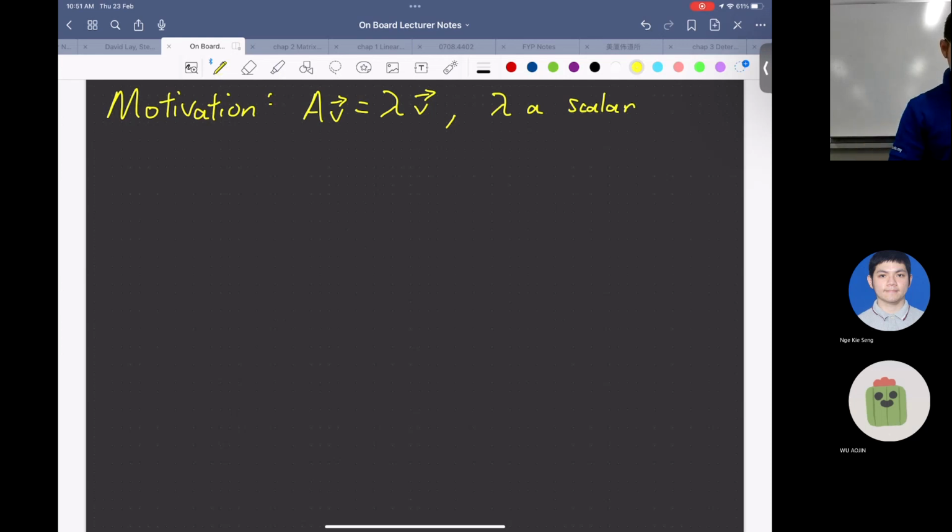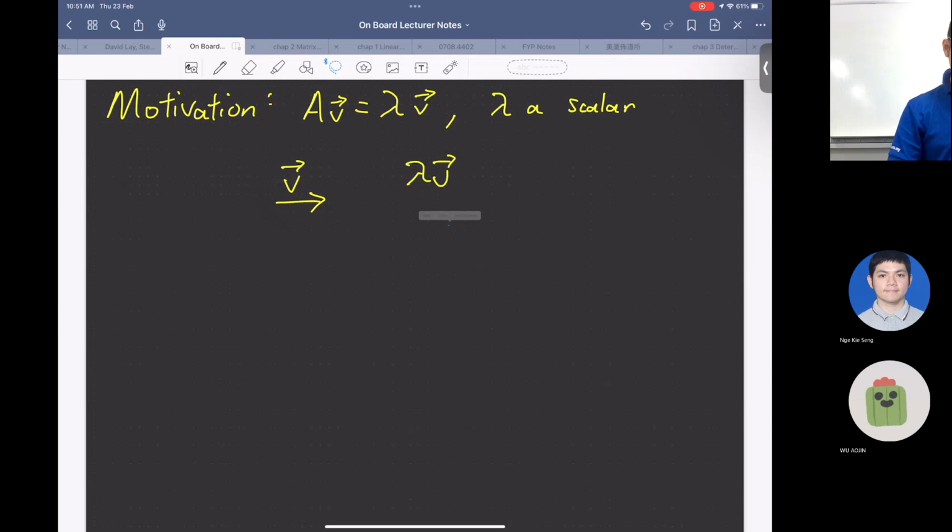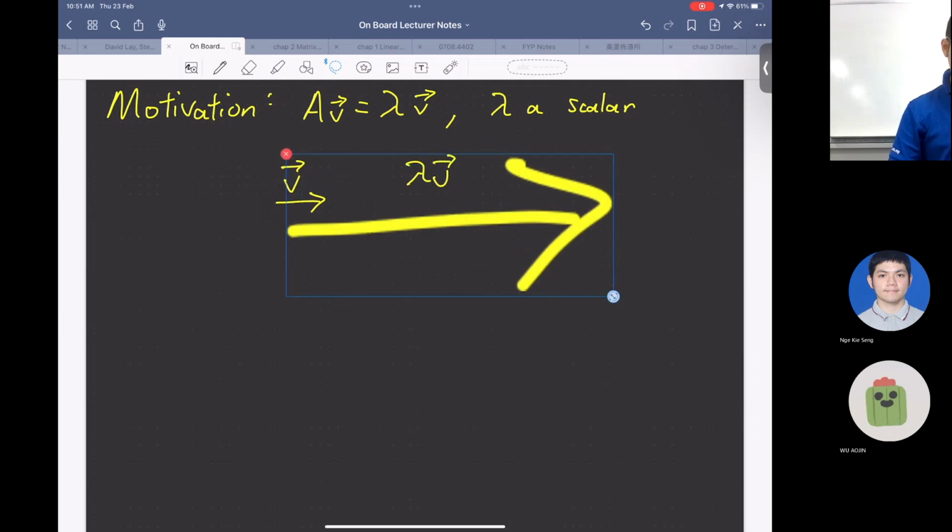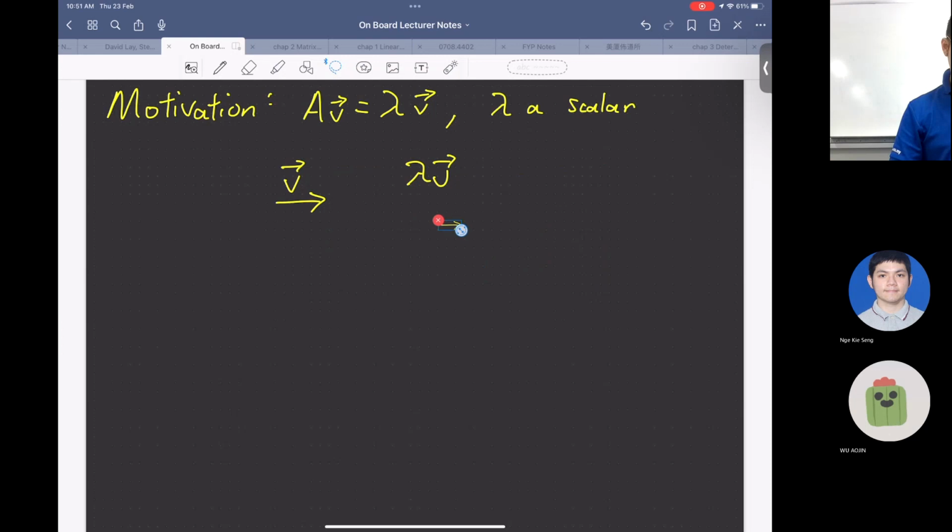Either you make it longer or you make it shorter. This one makes it bigger. So lambda v scales the vectors.